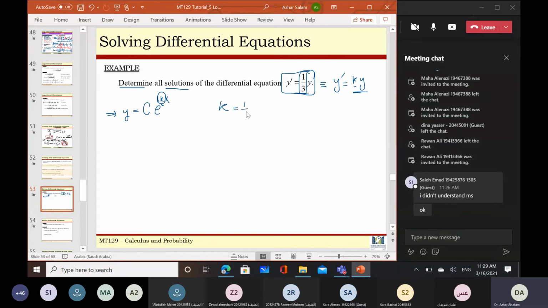So k here is 1 over 3. So the solution of this equation is y equal to c e to the power of a third of x, or simply written as x divided by 3.